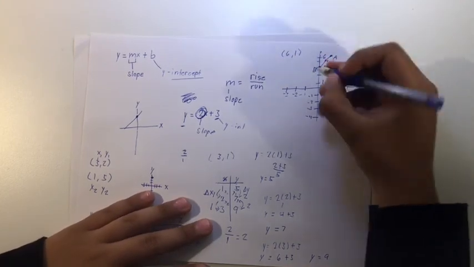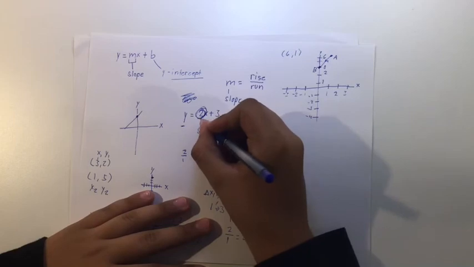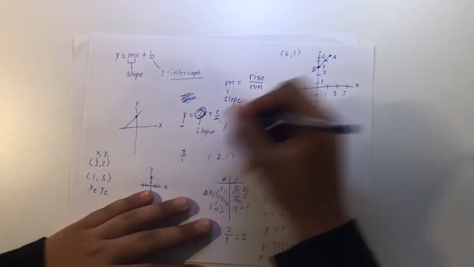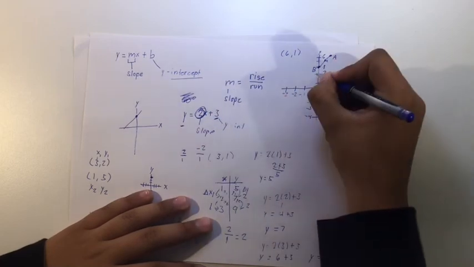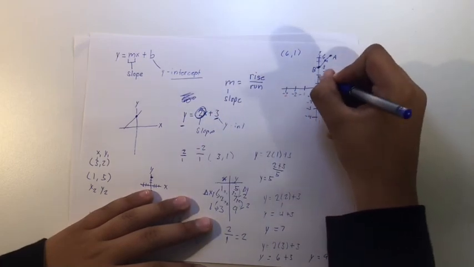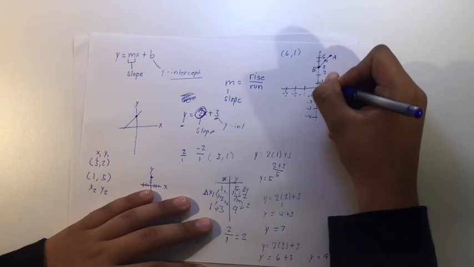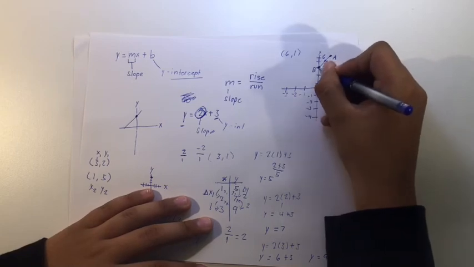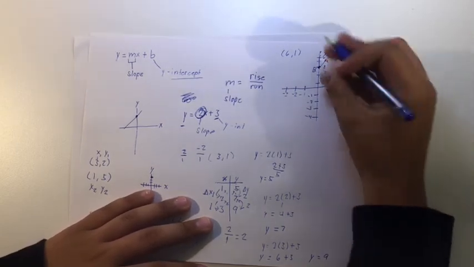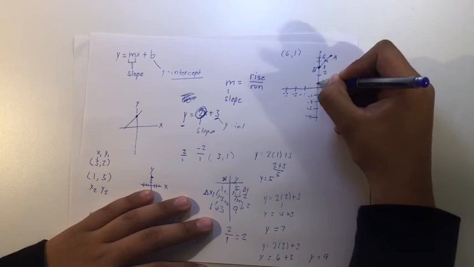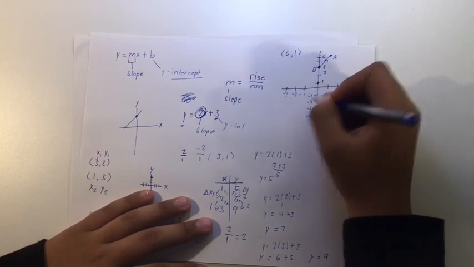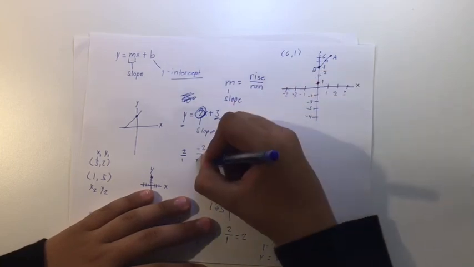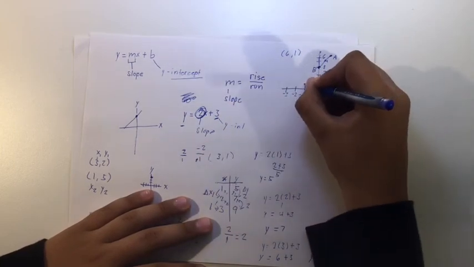So now we use the opposite. We go -2 over 1, so we can graph the other part. The rise is -2, which means we're going down, 1, 2, which is here, and then we run 1 over here.